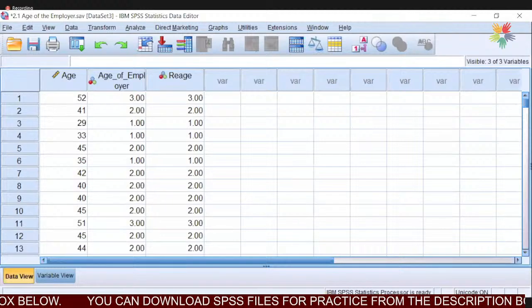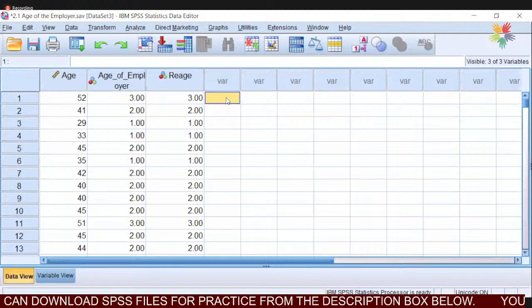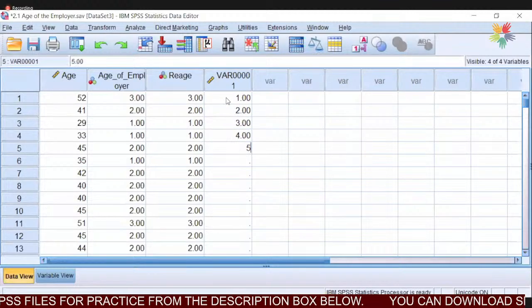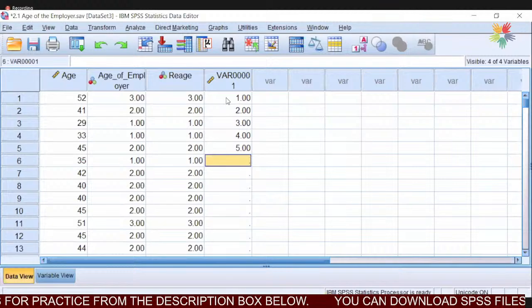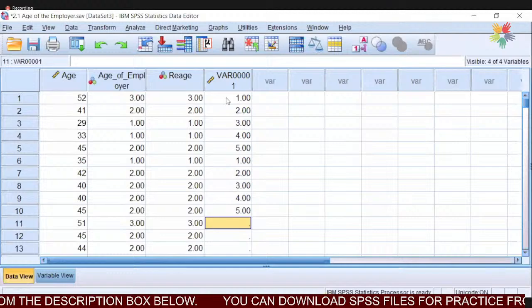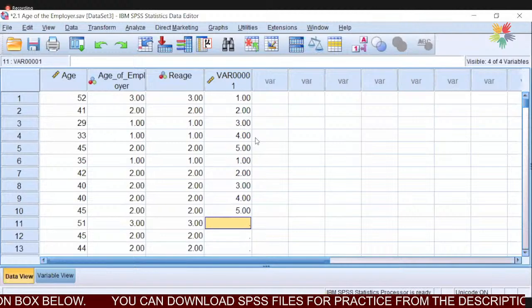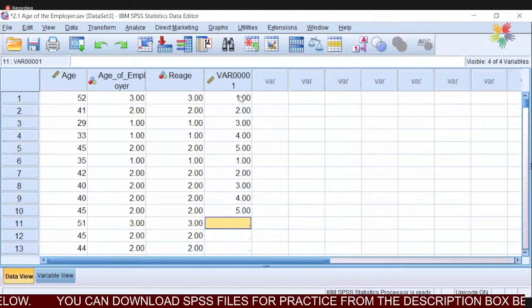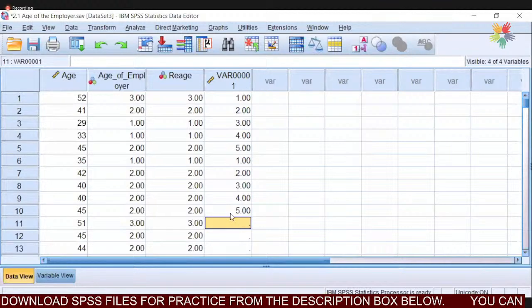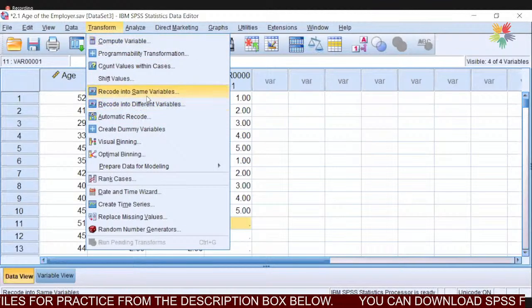You convert it. See how to convert it. For example, if it is a 5-point scale, 1, 2, 3, 4, 5, and you have wrongly put 1 as strongly agree, I have to convert this into the right values in the same variable, not a new one. So what I have to do is transform, recode into same variable.